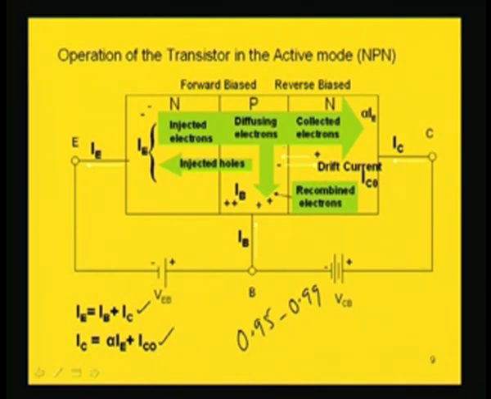Now, one point to remember here is that this base region is lightly doped as well. This width is the narrowest among all the three. That has certain important consequences, and this is evident from what we have discussed right now, because a very small percentage of holes and electrons recombine in the base region.